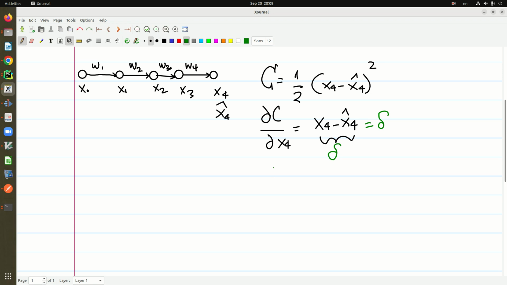As an example, let's try to find the adjusted weight for W1.